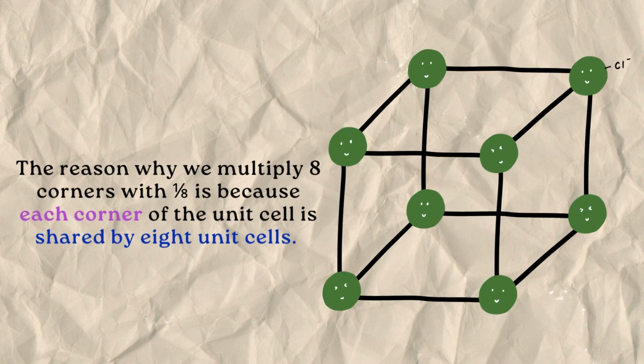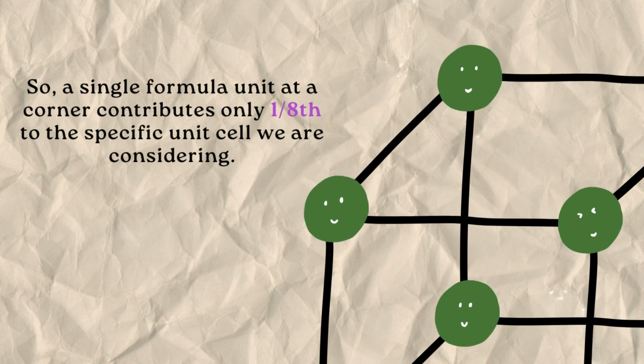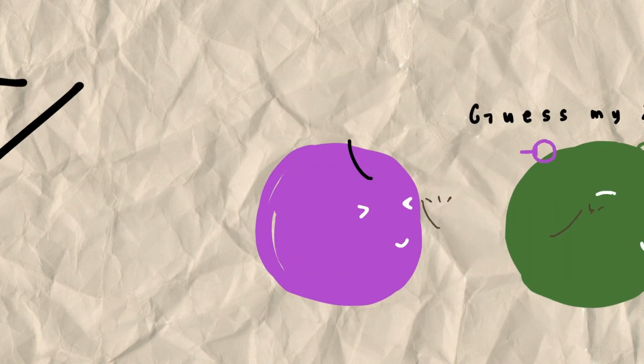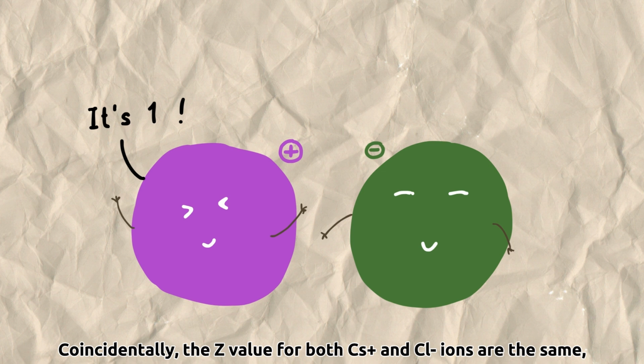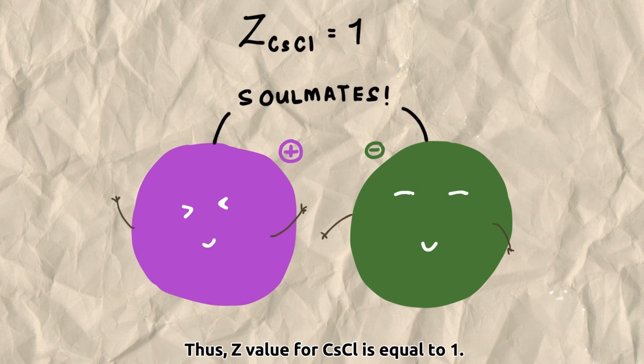The reason why we multiply 8 corners by 1 over 8 is because each corner of the unit cell is shared by 8 unit cells. So, a single formula unit at a corner contributes only 1 over 8 to the specific unit cell we are considering. Coincidentally, the Z value for both the Cs plus ion and the chloride ion is the same, which is 1. Thus, the Z value for cesium chloride is equal to 1.